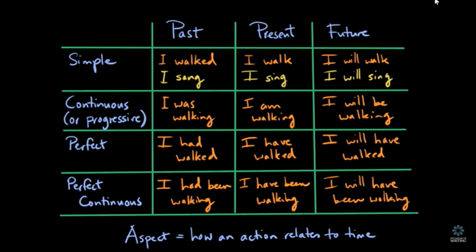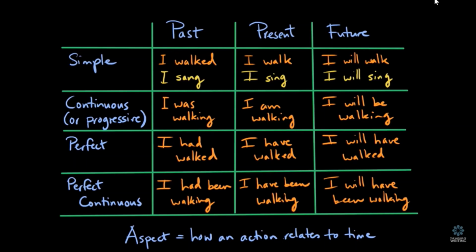In English, we have 12 different tenses. And as you look at this chart, it may initially seem a little bit overwhelming, because how are you supposed to read it? And how are you supposed to make sense of it? Well, we can be more specific in categorizing this information.